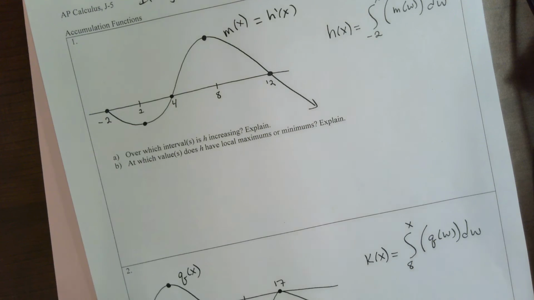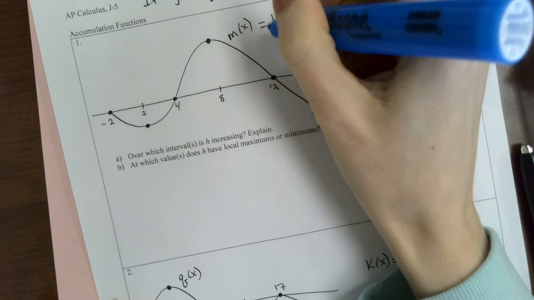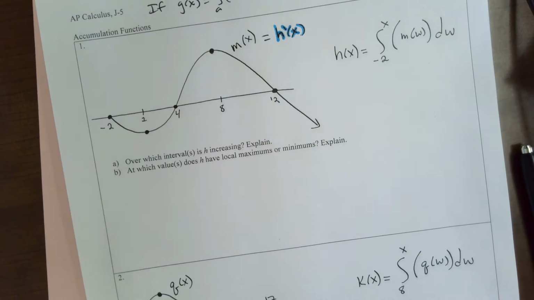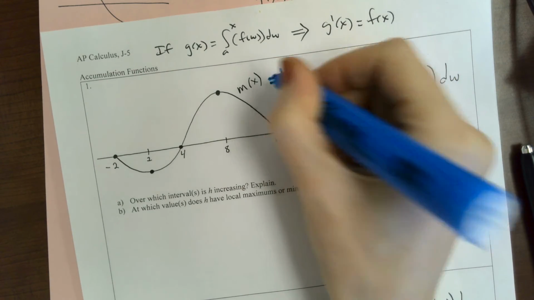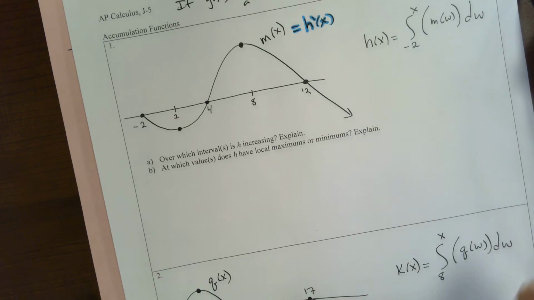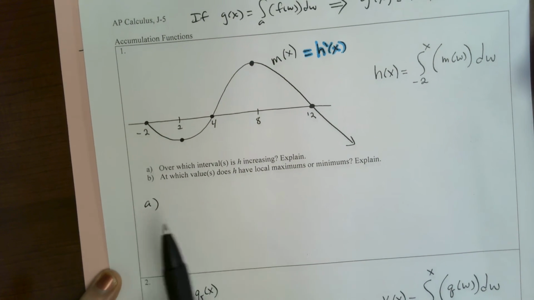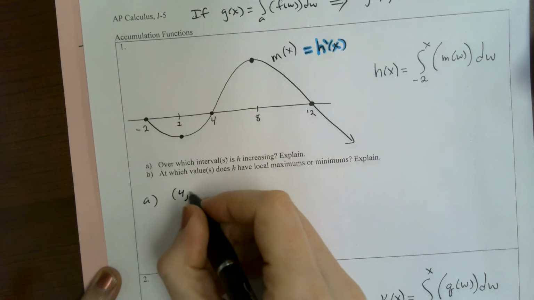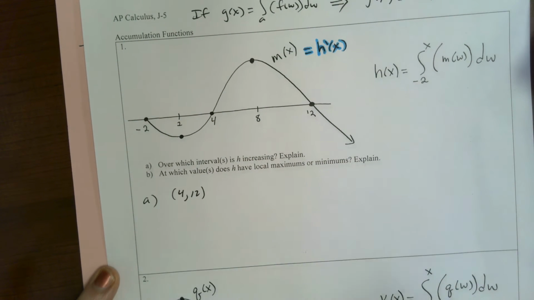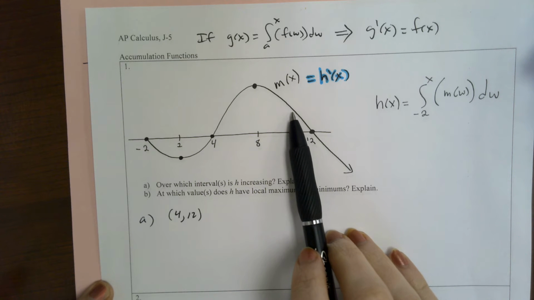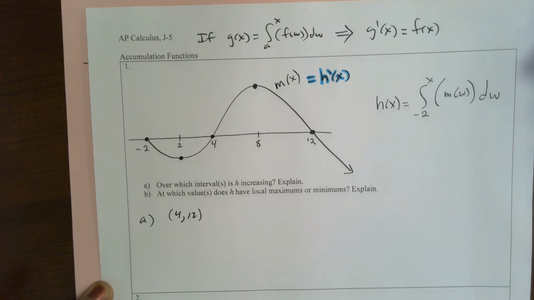And h prime of x is the same as m. All right, so I'm going to state my answer, and then I'll show you how to explain it. So the answer is going to be from 4 to 12. And you're going to start off, they did not tell you this was the graph of h prime. You have to make that connection.